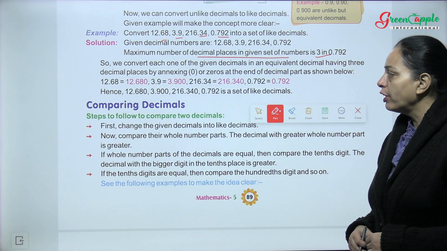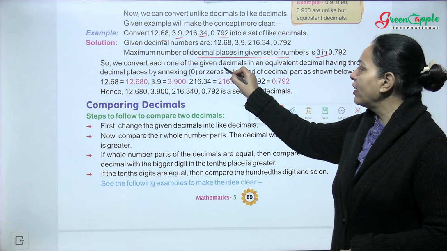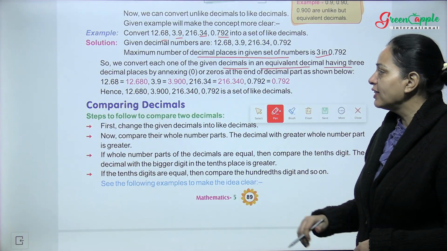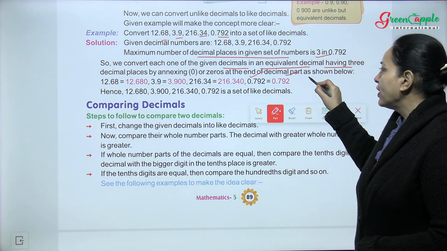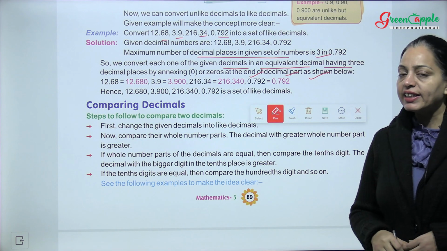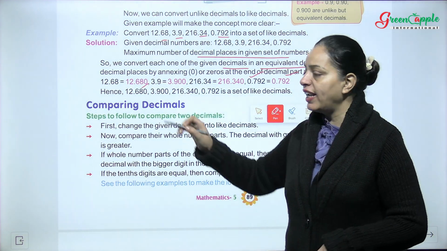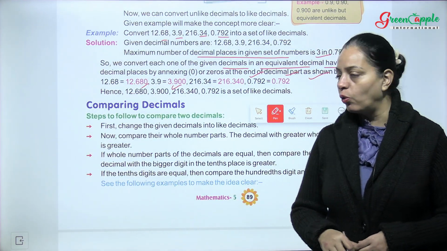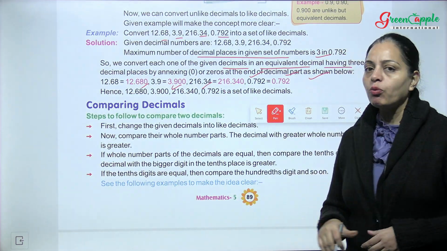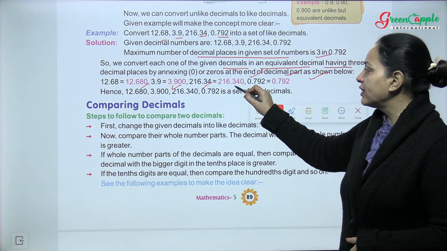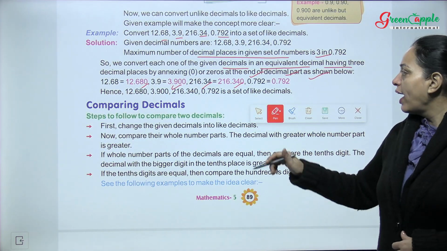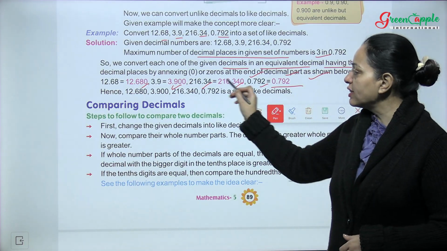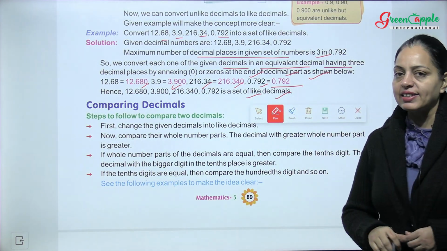How can we do it? We can convert each of the given decimals into an equivalent decimal having 3 decimal places by annexing 0 at the end of the decimal part. See, 12.68 we can write 12.680, 3.9 we can write 3.900, 216.34 we can write 216.340, and 0.792 is as it is. So now this is a set of like decimals.